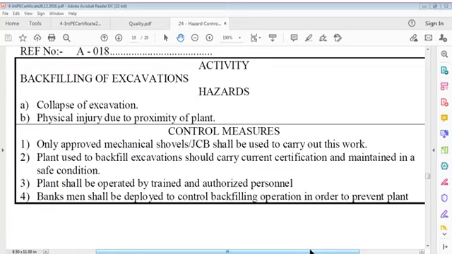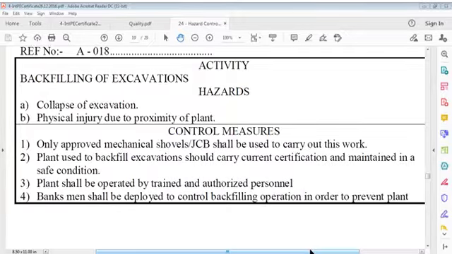Now, what measures can be taken? Only approved shovels, machines, excavators shall be used to carry out this work because of safety issues. We are talking of backfill.